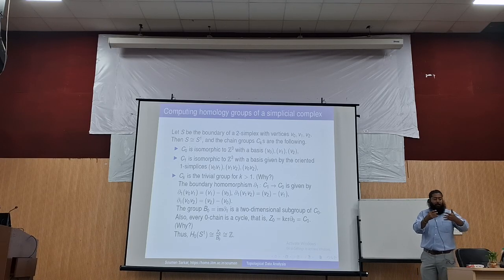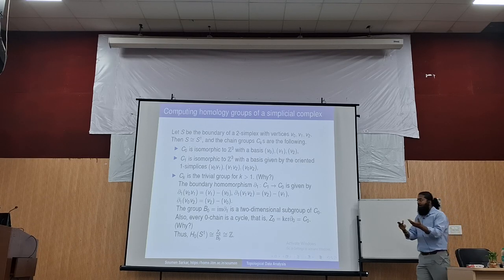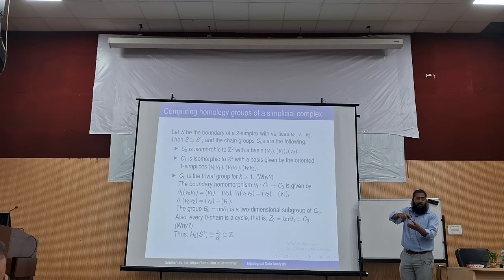For example, if we take a sphere, is there any one-dimensional set there which is not contracted? So how to measure that? Now how can we think of our sphere? We take the boundary of the triangle and we take the suspension. Then we get a simplicial complex structure.